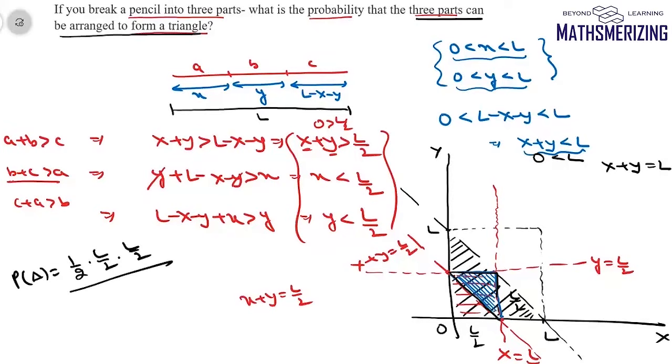Area of this black triangle, which is 1 by 2, and then the length of this side is L. This side is also L, so that is L into L. So half will cancel, L will also cancel. So this is 1 by 4. Which simply means if you have a pencil and you randomly break it in three parts, then there is a 25% chance that these three pieces will form a triangle.